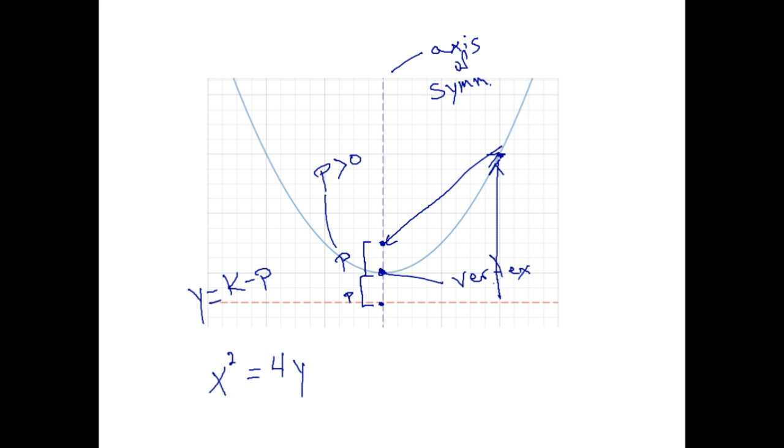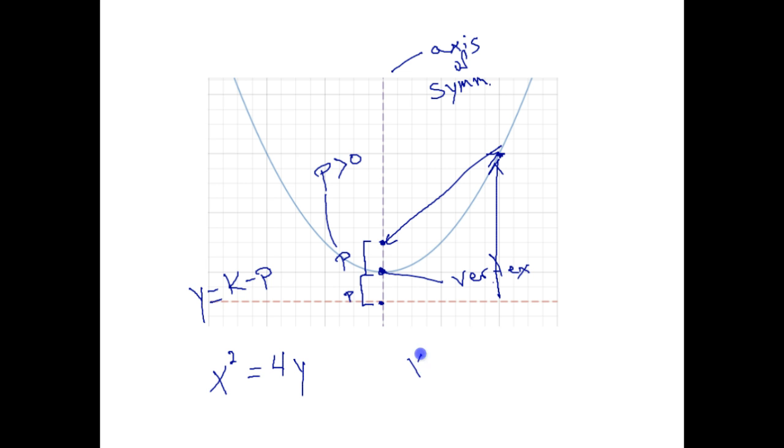Well, p is 1 because of the form x minus h quantity squared equals 4p times y minus k. So we look at, well, what are we multiplying by y? We're multiplying y by 4.